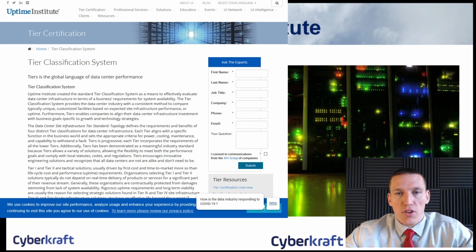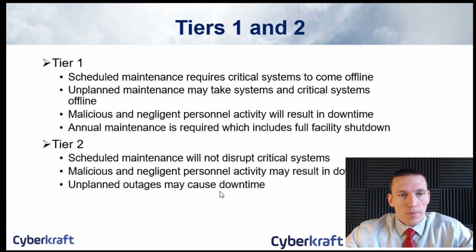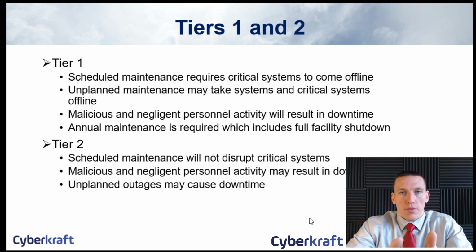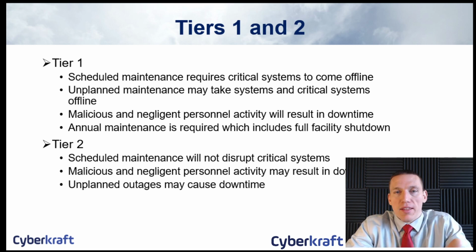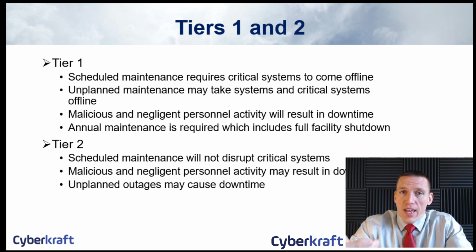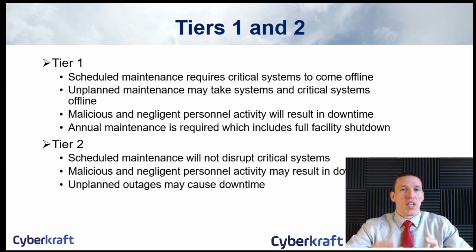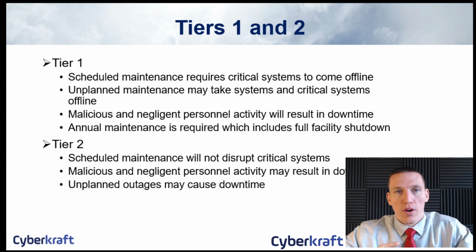So let's take a look at the different tier levels, and maybe you'll get an idea of what I mean here. These might seem a little vague, but at the same time, each data center is unique.